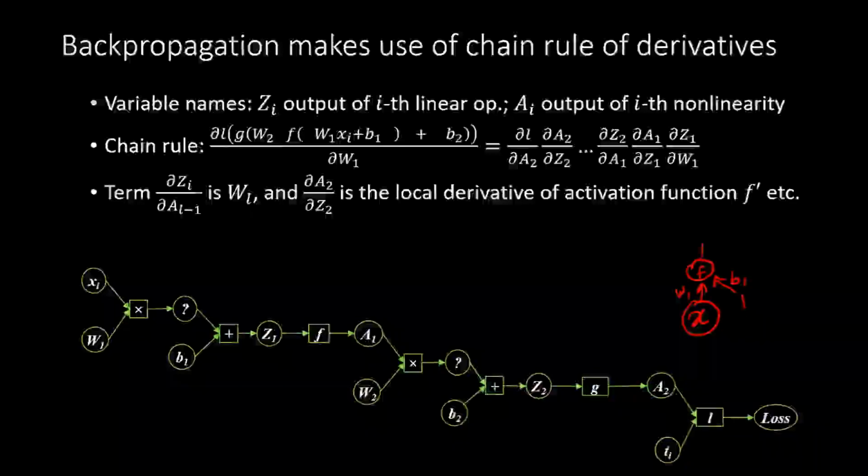What comes out of that is multiplied with w2, and then I have 1 multiplied with b2, and this goes into an activation function g, and then comes the output. I want that output to be close to a target value t. So that is your entire neural network, a two-layer neural network.